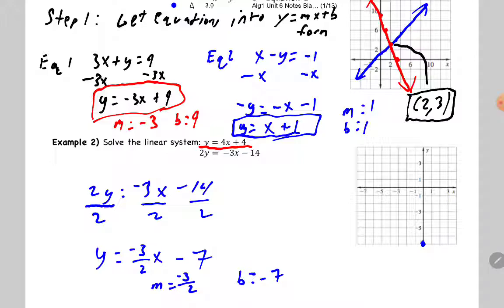But we can also go in the opposite direction: up 3, left 2. Up 3, left 2. So that is what my line looks like here.